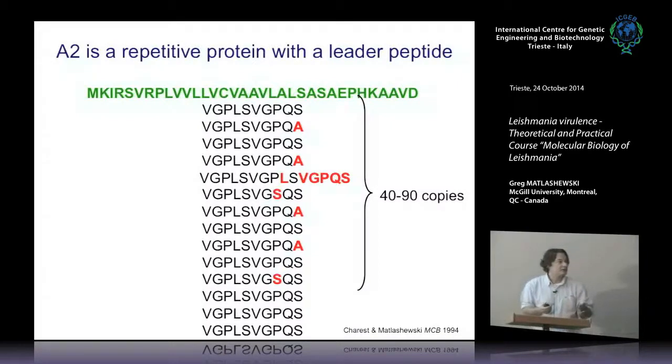We haven't done a BLAST recently, but we should probably do another BLAST and see if it comes up with anything. In fact, it's 10 amino acids, but it's really 5 that's repeated twice, because you can see VGPLS and then VGPQS. So it's almost a repeat of a repeat. So this kind of sequence doesn't tell you a lot about what it may do, but we can still do experiments to try and understand what its function is.